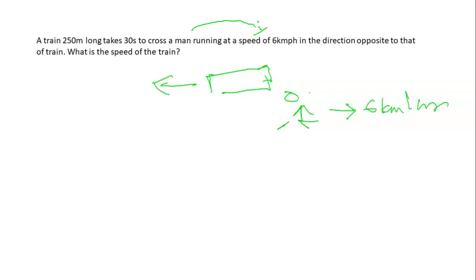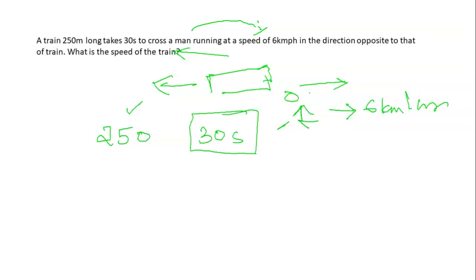இப்போ நான் என்ன பண்ண போறேன்னா, 250 மீட்டர்ஸை 30 செகண்ட்ஸில் கிராஸ் ஆகுதுன்னு சொல்கிறாங்கன்னா என்ன அர்த்தம்னா, இவரும் 6 கிலோமீட்டர்ஸ் per ஹவரில் எப்படி போகிறாரு, ட்ரெயினும் இஸ் கோயிங் திஸ் வே. So both are going in opposite direction. அதனால தான் 30 secondsல 250 meters is travelled. If I find for 3600, which is 1 hour, how many meters they have gone, it will give me the relative speed.